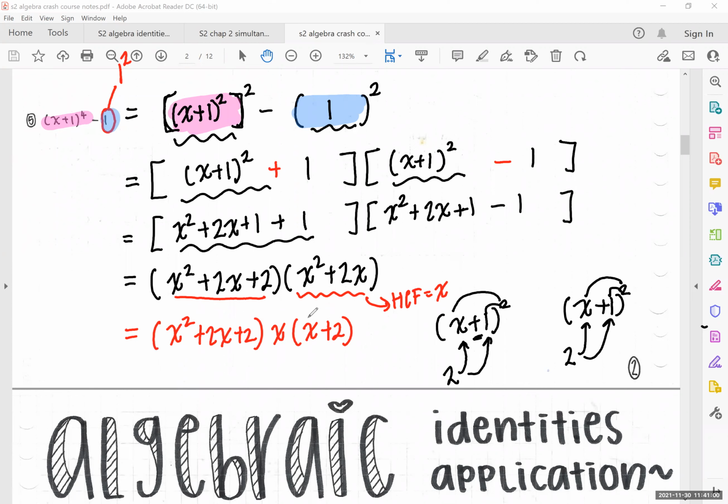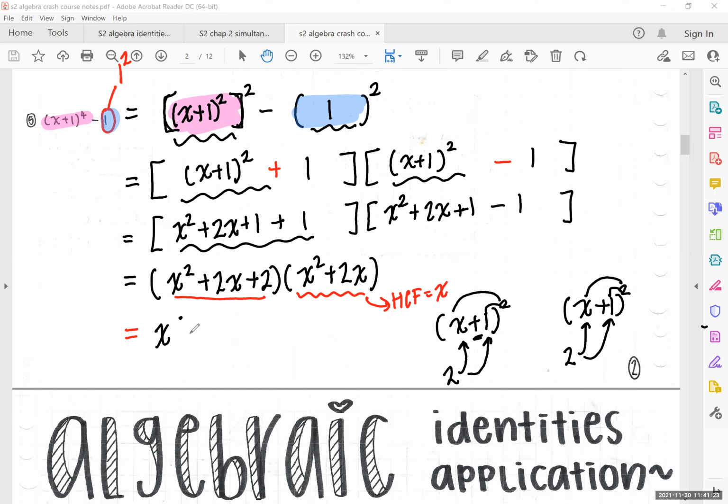No, because x times x is x squared. When you take out an x from an x squared, it becomes x. So guys, if you put an x here, you are wrong already. You must put it all the way in front. Always remember that. So I can take out an x, correct or not? So when I take out an x, this x goes in front.